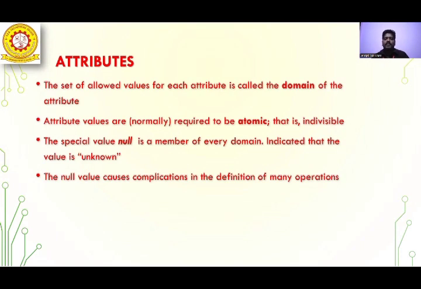This means they should not be divisible. And come to the null value, whenever the value is missing or unknown. So the null value represents unknown or missing values. It creates complications in database operations. So null is different from 0.